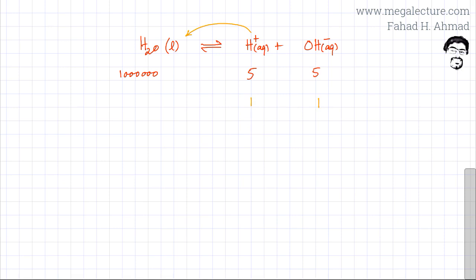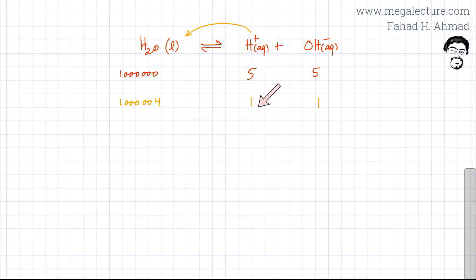And what change would happen to the amount of water? So 4 H plus 1 ions would combine with 4 OH ions, and they're going to produce 4 water molecules. So the amount of water at equilibrium is going to become 1,000,004.